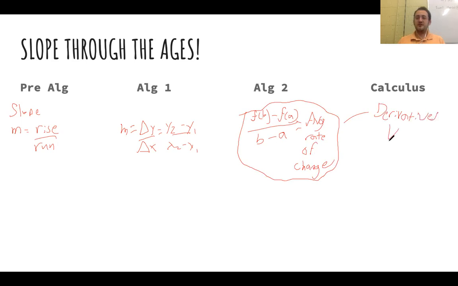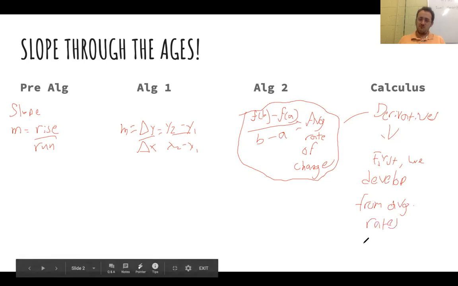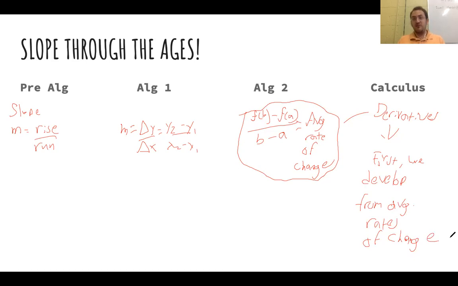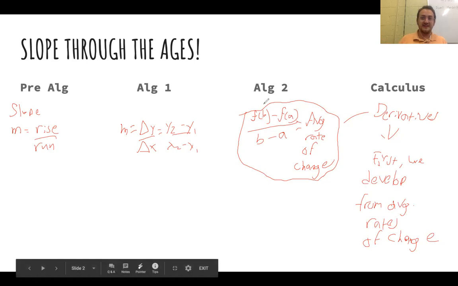But first, we study and develop from average rates of change. So that's your look at slope through the ages. I'm really looking forward to building on this in the next several weeks.